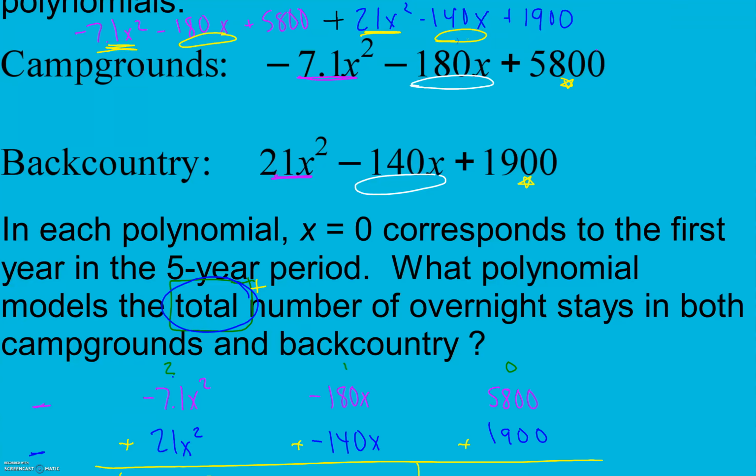So I'm going to go ahead and mark, just like I did when they were here, things that go together. Now, I can take my x squared and my x squared, and I get 13.9 x squared. I can take my linear factors, degree 1, together. And I can take my constants and add those together.